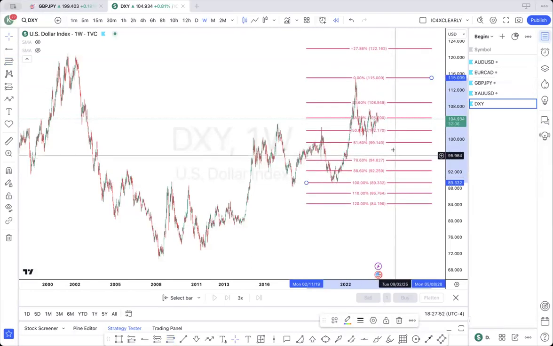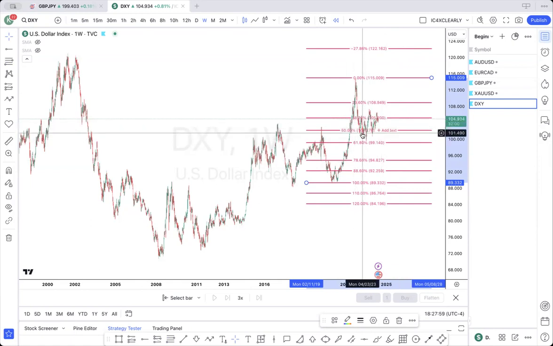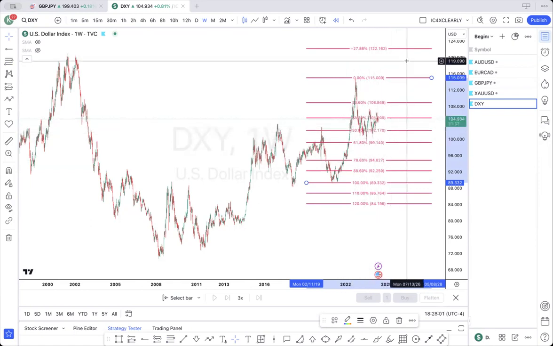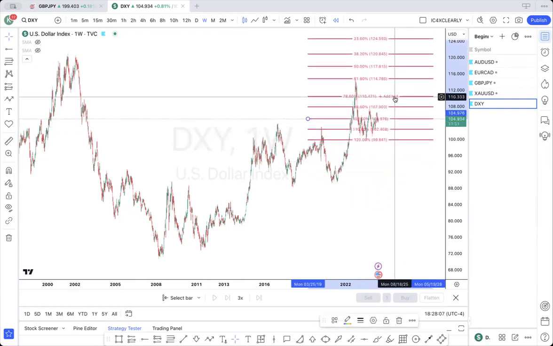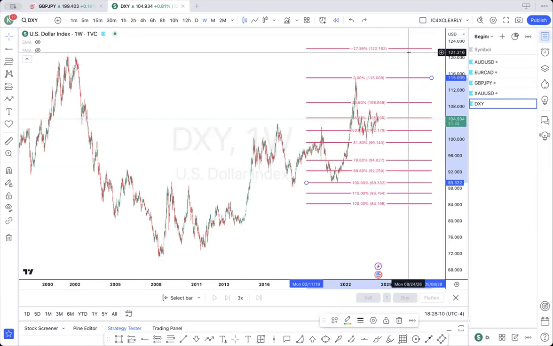So I would be expecting price to pull back. I would want to see price pull back to the 78. If it's just tapping into the 50, then it may just continue buying up. Or it's going to pull back, and then continue buying up.